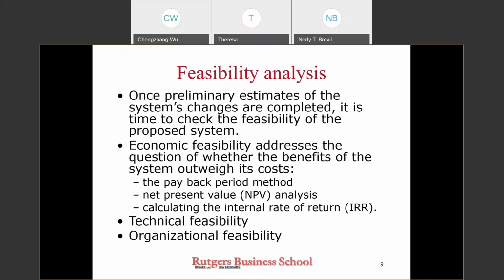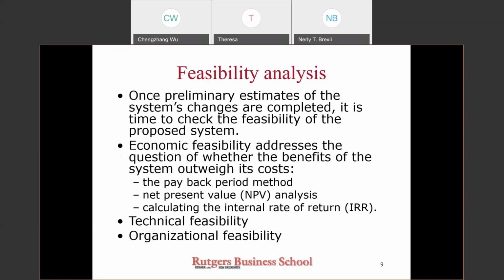Feasibility analysis. Since we have analyzed the requirements and surveyed the existing system, it is possible now for system analysts to develop some very preliminary estimates about the new system or the changes to the existing system.